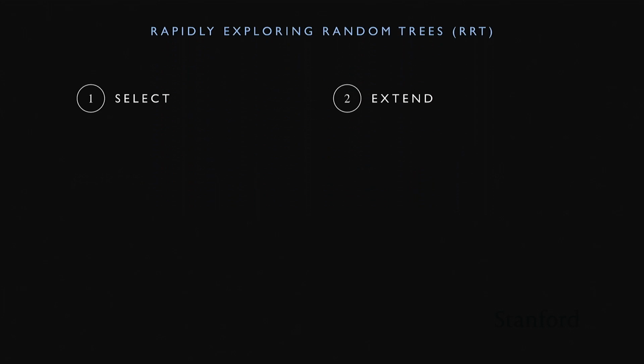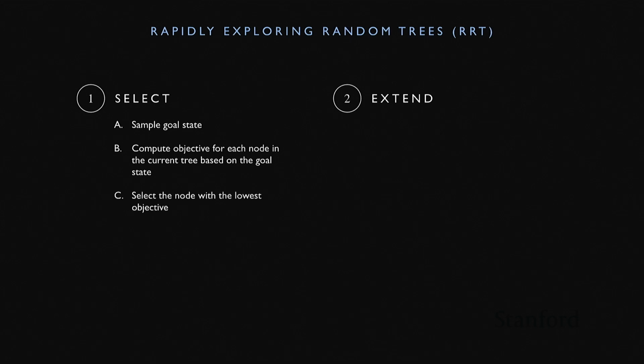So the way that RRT works is, again, we have to implement these 2 steps, select and extend. Starting with the select step, the first thing that we do is we sample a goal state. So we just sample some state from our state space. That's the goal that we're trying to get to. Then we compute some sort of objective for each node in the current tree, for each of the states that we have. I haven't told you what that objective is yet, but we compute it based on the goal state.